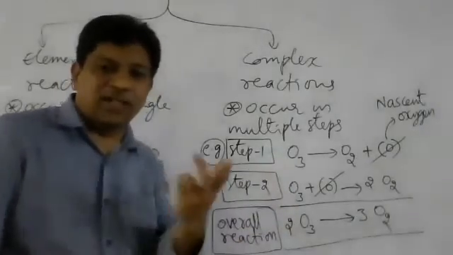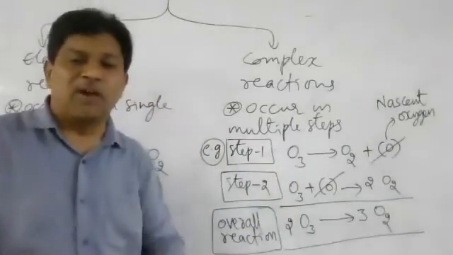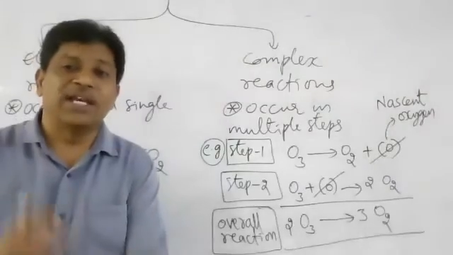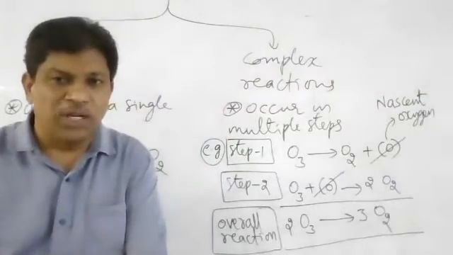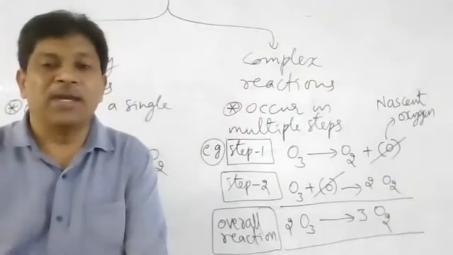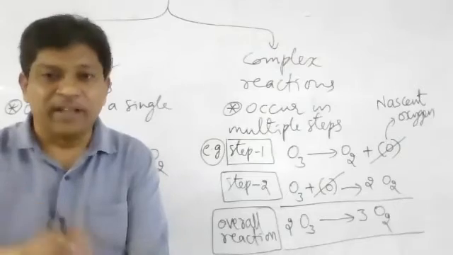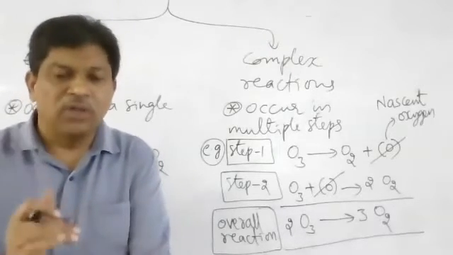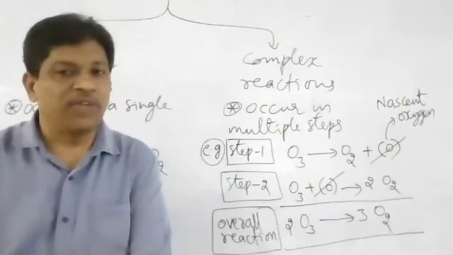How do we know the fast step and slow step for a given complex reaction? That can be done only experimentally. Only by experiment can we determine which step is slow and which step is fast. We cannot say directly.